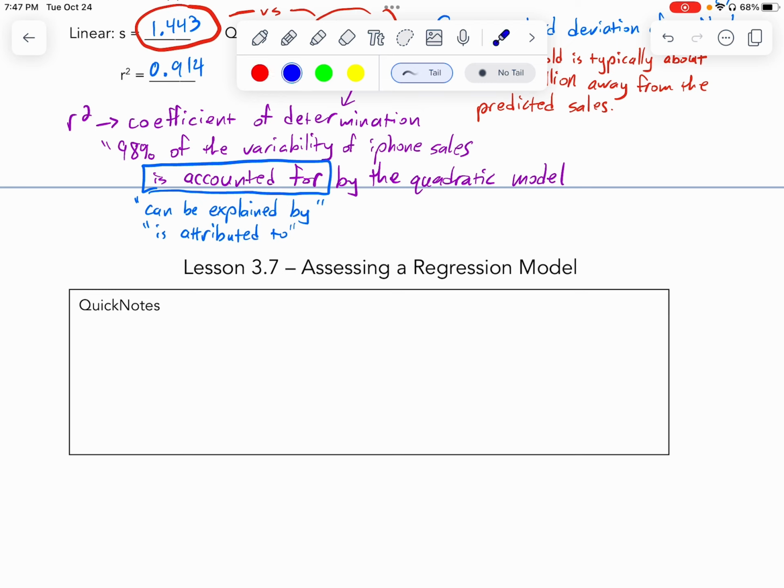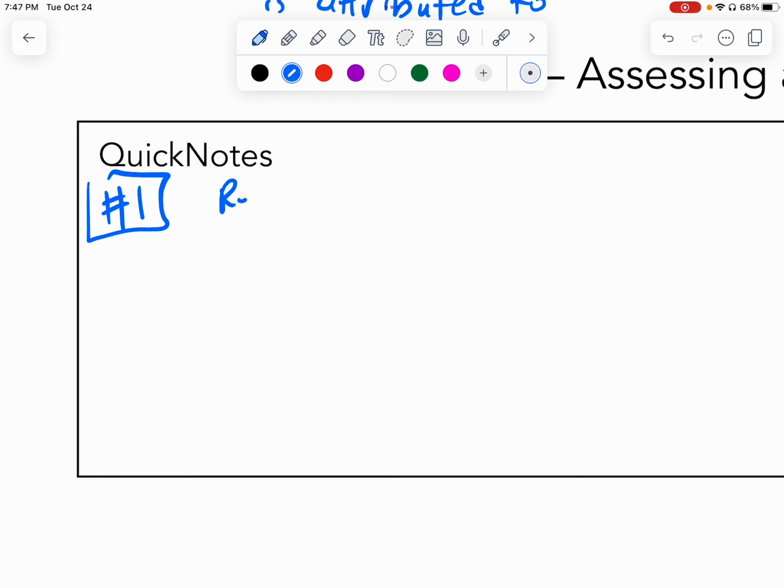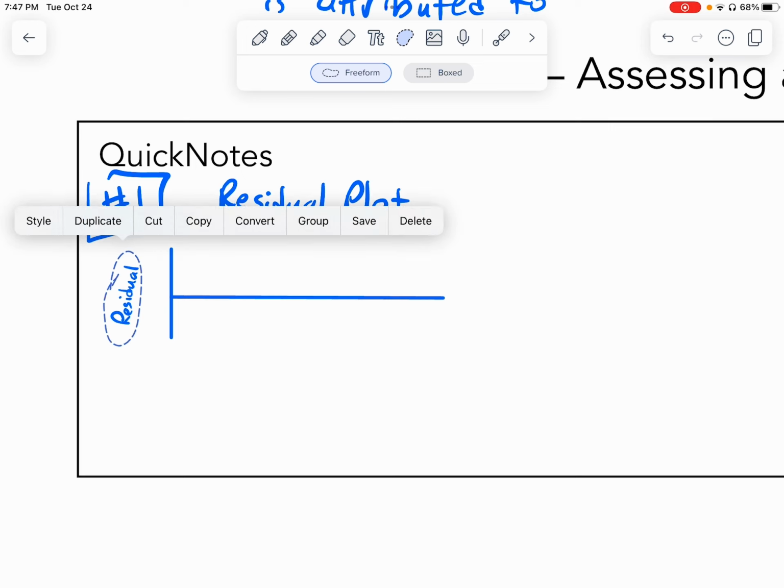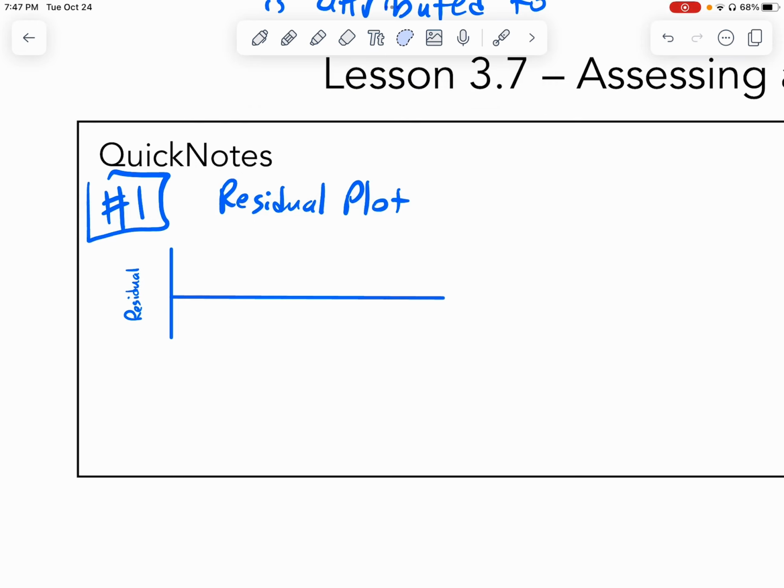So, number one, when you have residual plots, I'm going to do two of them. So I'm going to just copy this one and put it right underneath it.